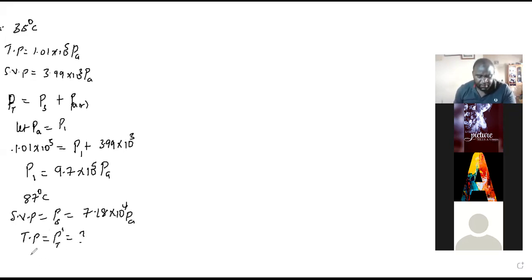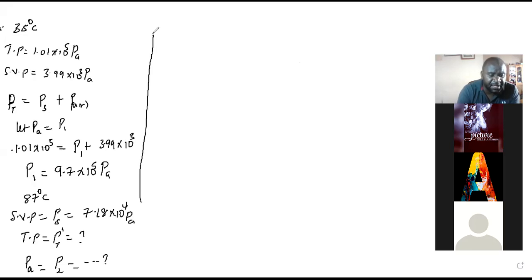Then also, we don't know the pressure of the air at that instant. Let me call it P2, because it wasn't given. But because they gave us the temperatures, if you convert them, T2 can be got from 273 plus 87.